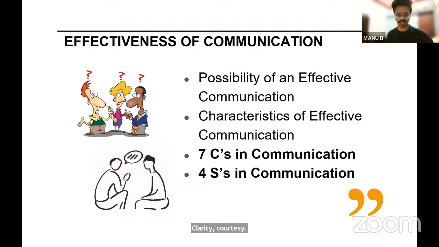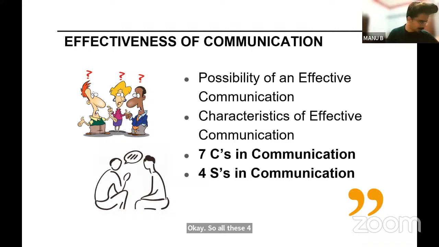So all these things influence our communication process. Similarly, we have 4 S's as well. Shortness, simplicity, sincerity. Then what? Yeah, strength. So all these 4 S's and 7 C's influence our communication process.